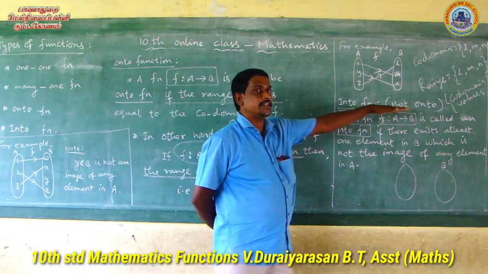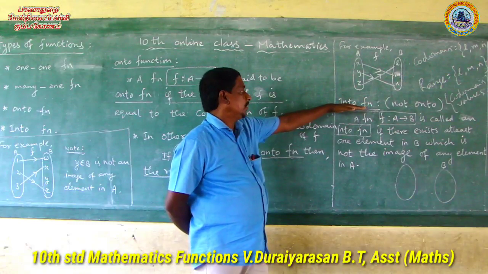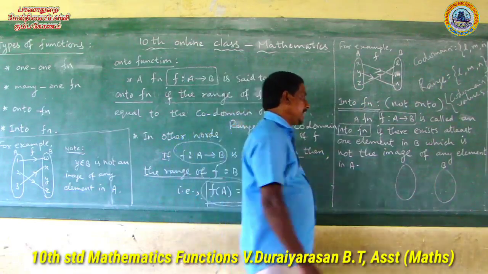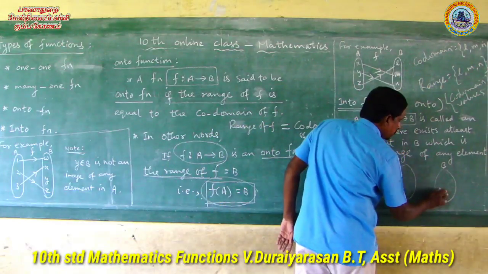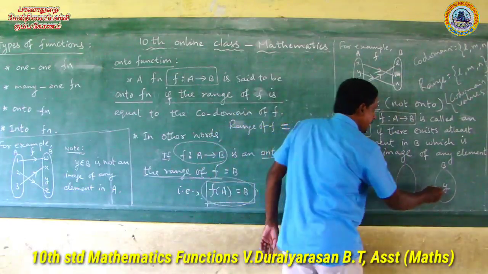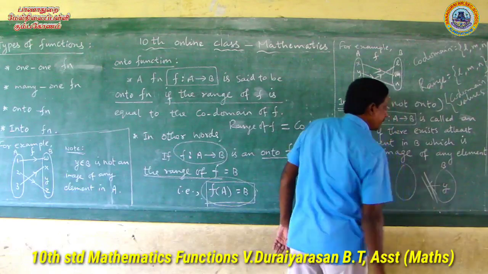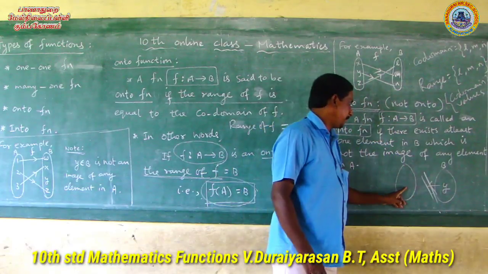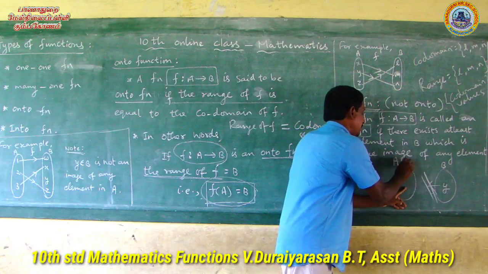Not onto function means into function. So, for example, Y is an element in B, and Y is not connected with any pre-image in the domain.